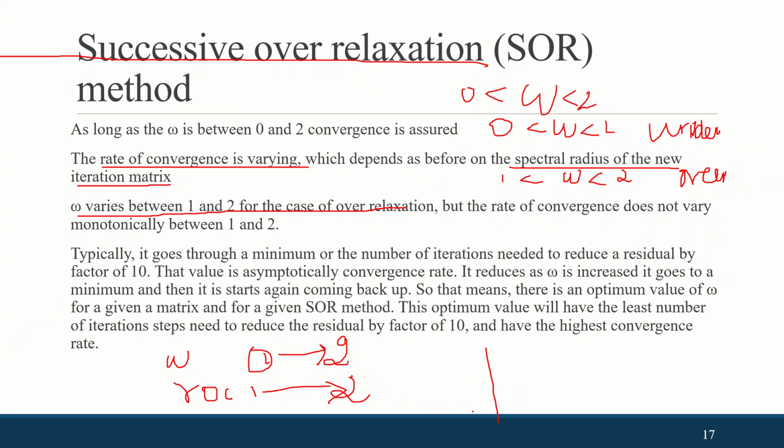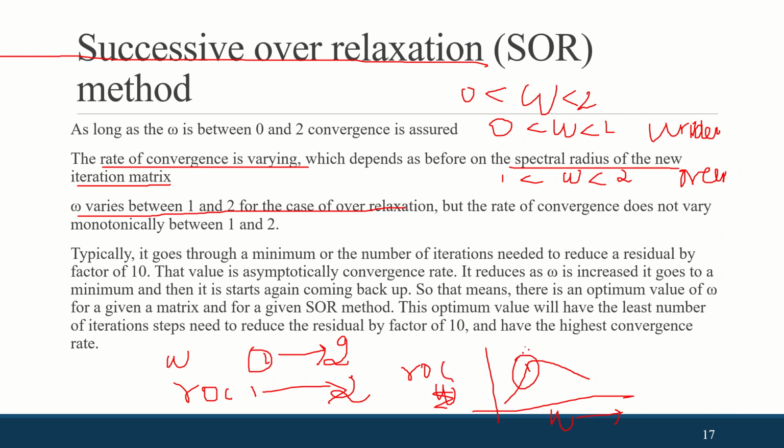What happens is that as we increase omega, the rate of convergence increases, and after a certain point it gets reduced. The rate of convergence is again reduced, so this point is there, right? This is the optimum value of omega.